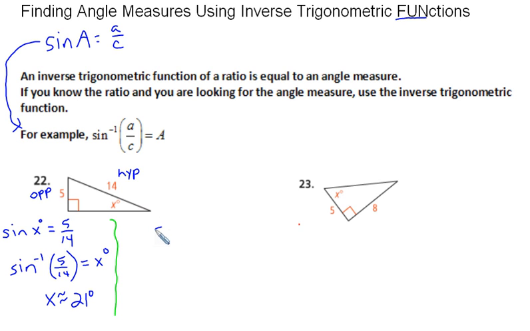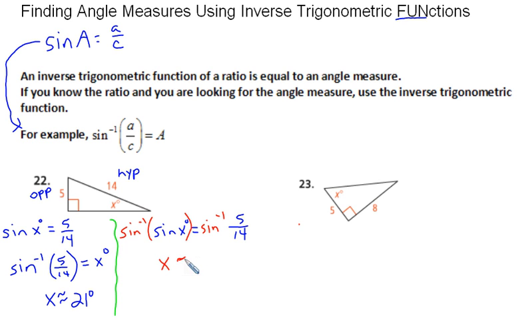So I start with sine of x equals 5 over 14, but I'm going to take the inverse sine of both sides. Now, the inverse sine of the sine, see, those are inverse operations, so that goes away and just leaves you with the x.